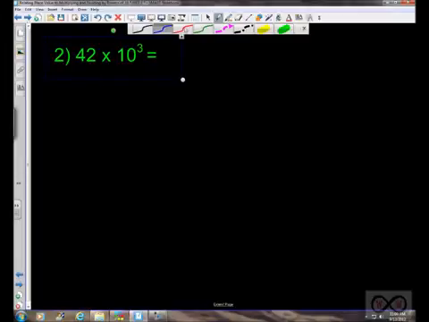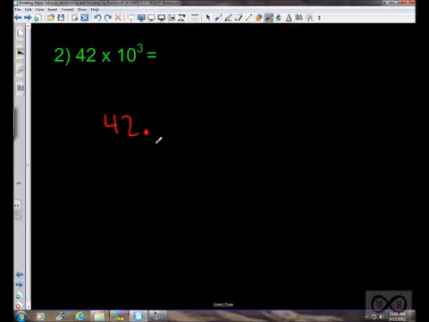We've got 42, and we're going to multiply by 10 to the third power. So you can always count that decimal point to be directly to the right of the ones place. So there it is. And we're going to multiply by a power of 10. So that decimal point appears, like I said before, to move to the right 3 places.